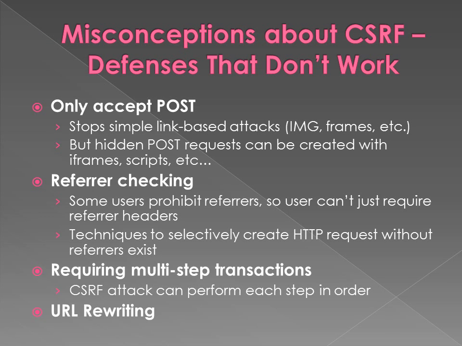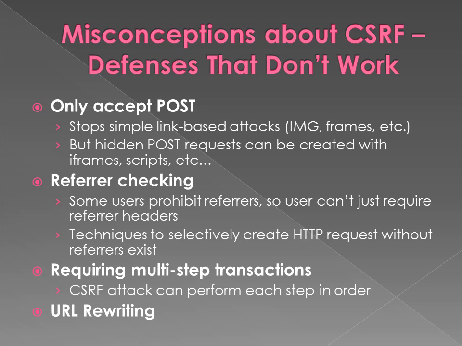Misconceptions about cross-site request forgery. Defenses that don't work. One of them is only accepting POSTs. It stops simple link-based attacks, images, frames, etc. But hidden POST requests can be created with iframes, scripts, etc. So that does not work.